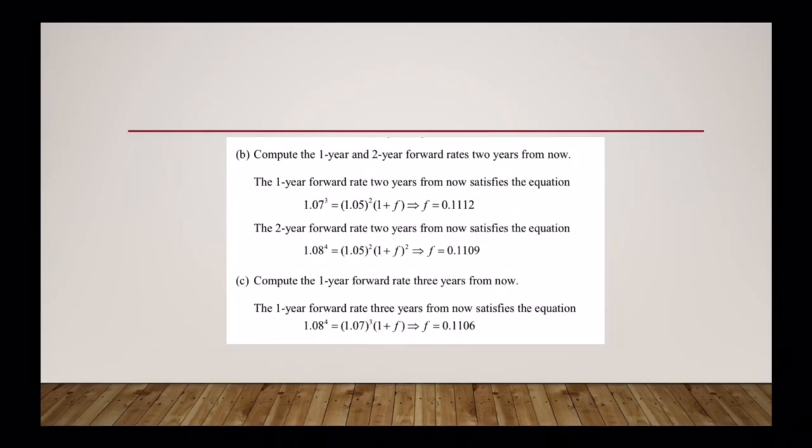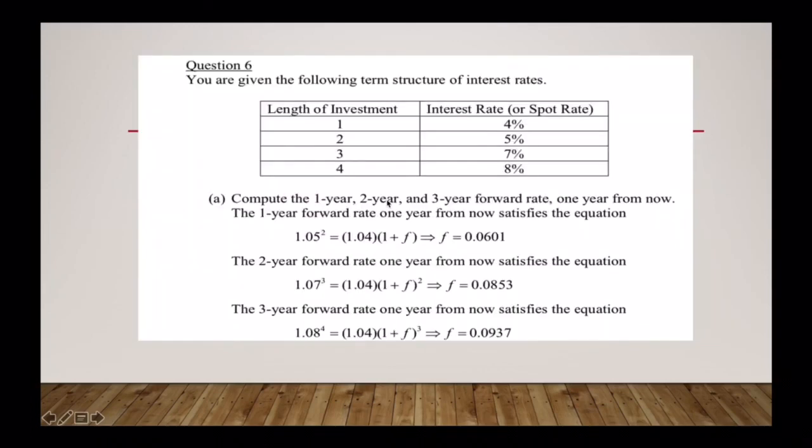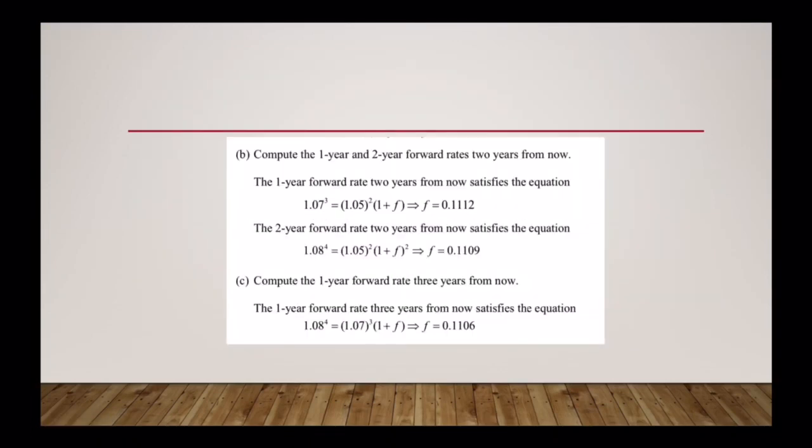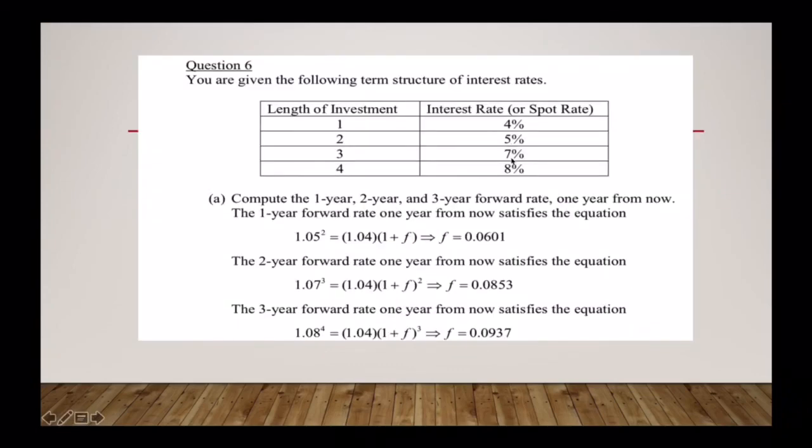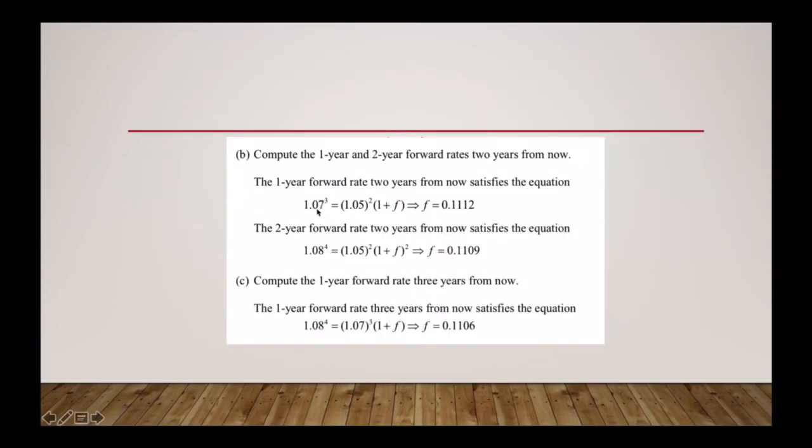So it is 1.05 to the power of 2, and hence we continue using the formula. So 1.05 to the power of 2 times (1 plus f) is equal to, say, the 3 year spot rate, which is 7%. So this is equal to 1.07 to the power of 3. Hence this satisfies the equation, and you continue all the way until the end.